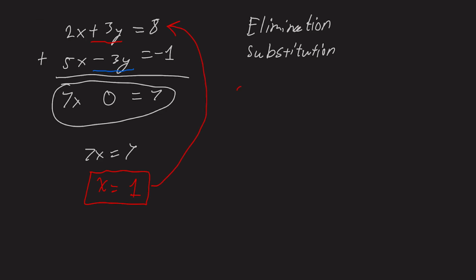I get 2 times 1, because I plugged in for x, plus 3y equals 8. 2 plus 3y equals 8. If I subtract 2 from both sides, I get 3y equals 6, y equals 2. So now, after plugging in the second time, I have both the x-coordinate and the y-coordinate of my system of equations, and I can combine those two to get an ordered pair, (1, 2).